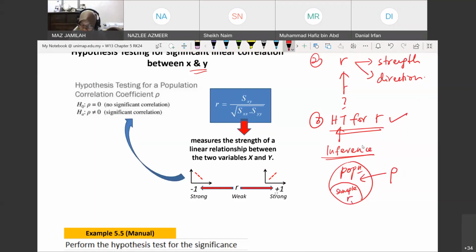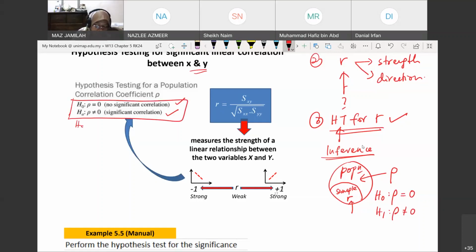Now, from your sample data, you are going to do some hypothesis testing. So your null will be rho equal to 0, and your alternative will be rho not equal to 0. So what does equal to 0 and not equal to 0 mean? For the null, there is no significant correlation between X and Y, and for the alternative, there is a significant correlation between X and Y. HA or H1 is the same, they are telling the same thing.